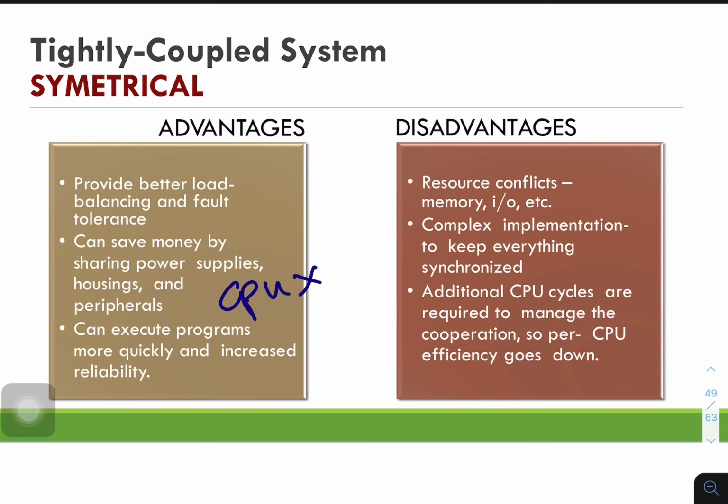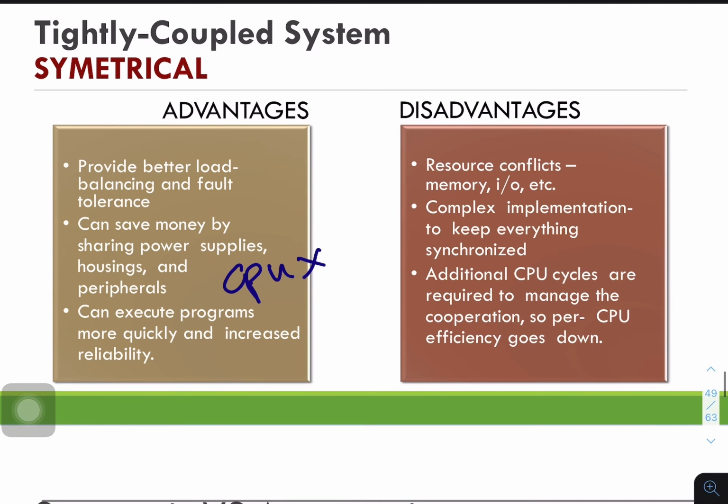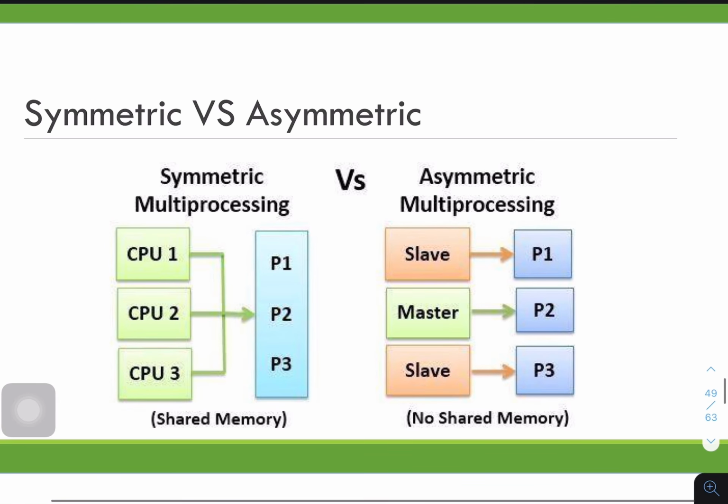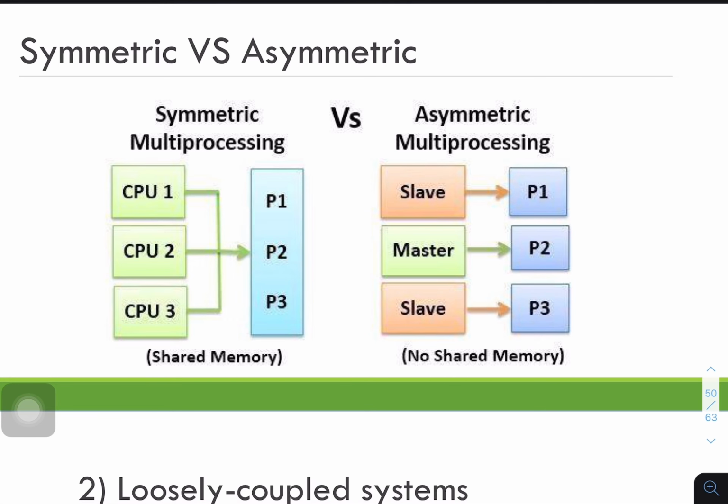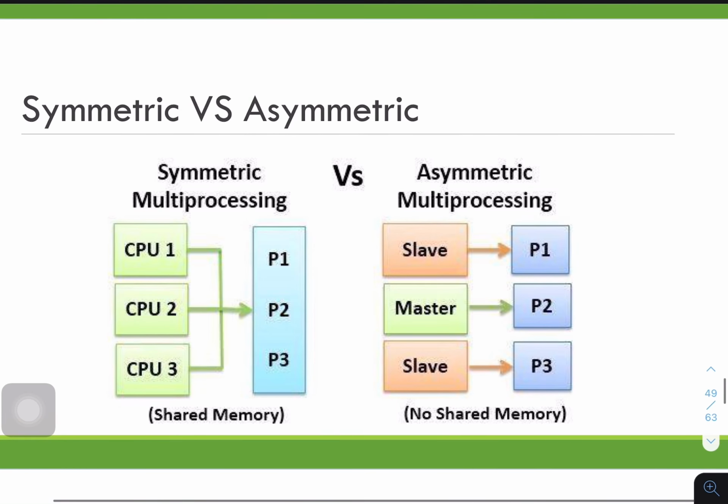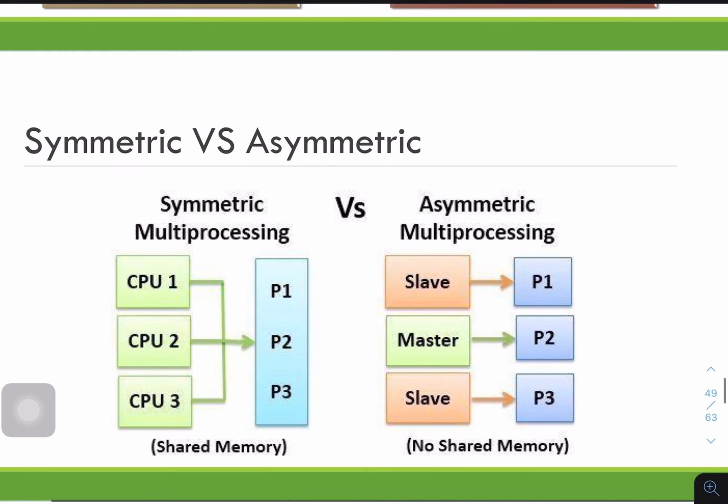Kemudian kita kena keep on synchronize everything. Oleh kerana CPU dia ada jalan masing-masing, so kita kena synchronize lah supaya tak ada berlaku konflik ni. So itu je lah kot untuk symmetric versus asymmetric di dalam tightly coupled.